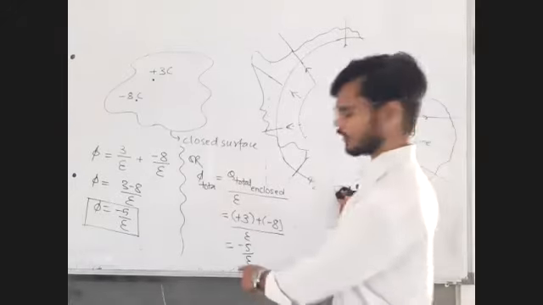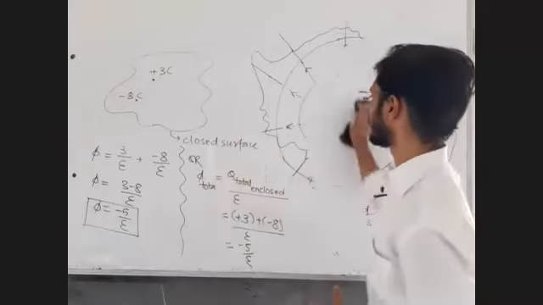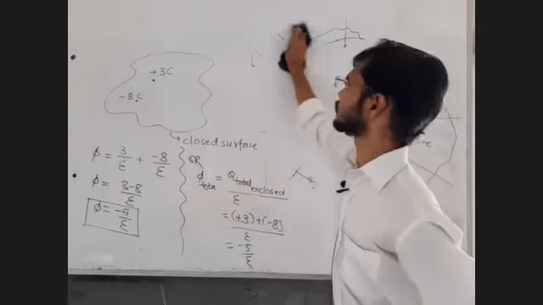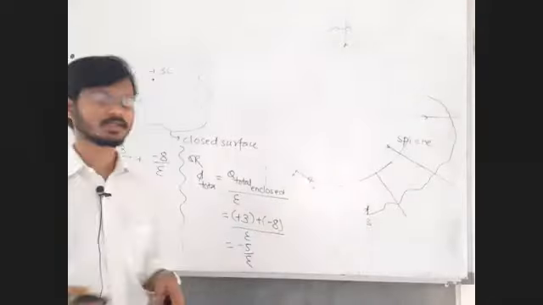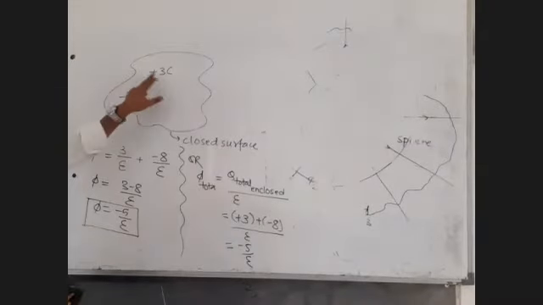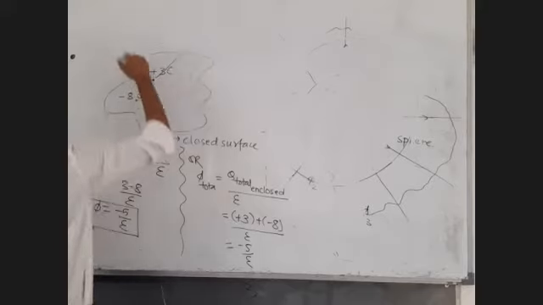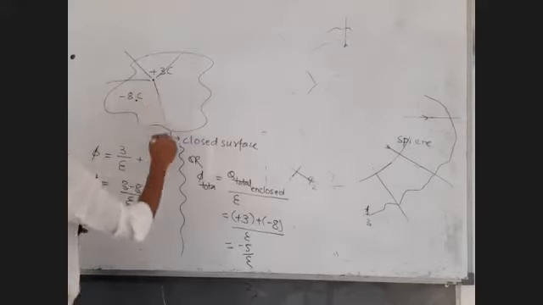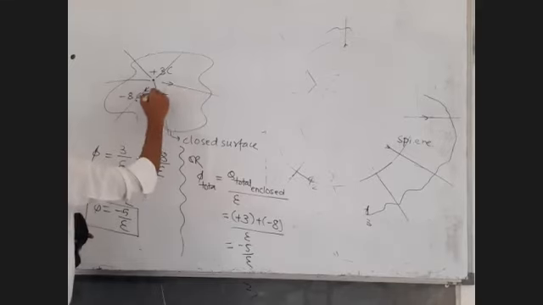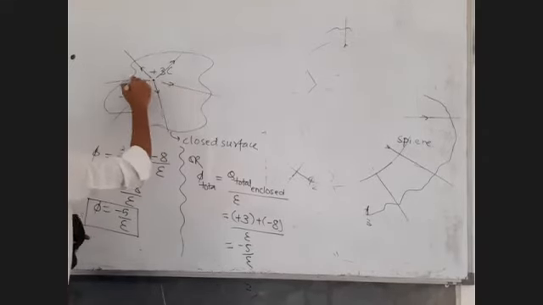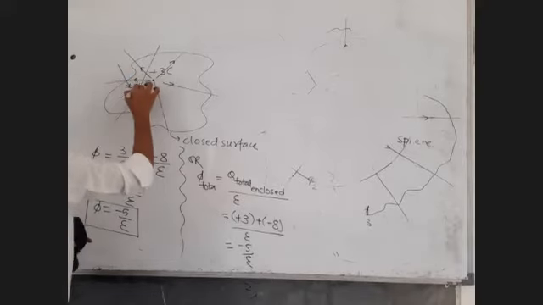Net flux negative means net enclosed charge negative. So, number of electric field lines: because of this plus 3 coulomb, electric field lines are going out. But because of this minus 8, they are coming in.